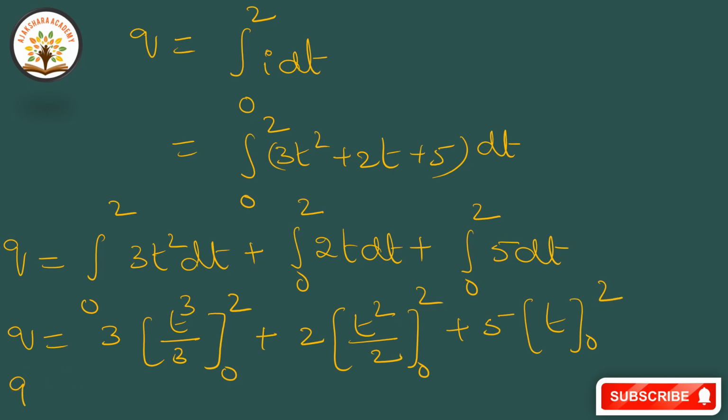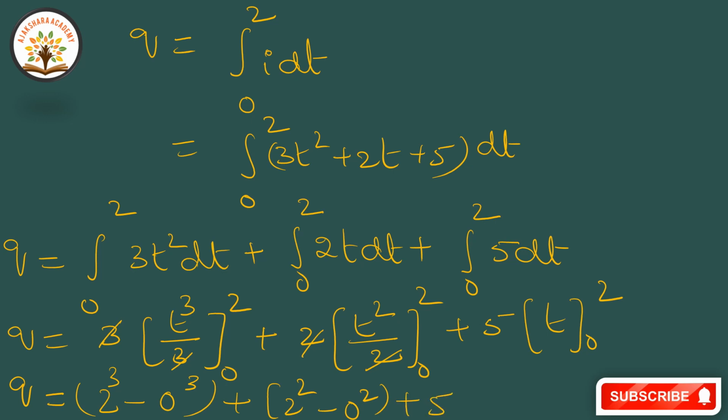So the charge q is equal to, here 3 gets cancelled, here also 2 gets cancelled, t cube whole square. Now we are applying the limits, 2 cube minus 0 cube, upper limit minus lower limit, plus 2 square minus 0 square plus 5 of 2 minus 0.